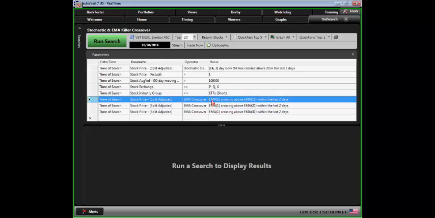EMA stands for exponential moving average. So a one-day moving average is just price. So this search is not only looking for stochastics to be crossing above 20, it's looking for the price to have crossed above the 10-day exponential moving average, the 20-day exponential moving average, and the 30-day exponential moving average in the past 2 days. Imagine trying to eyeball that on a bunch of graphs.